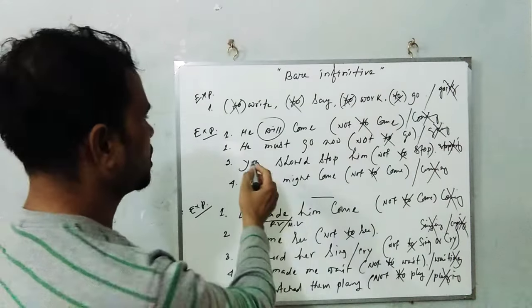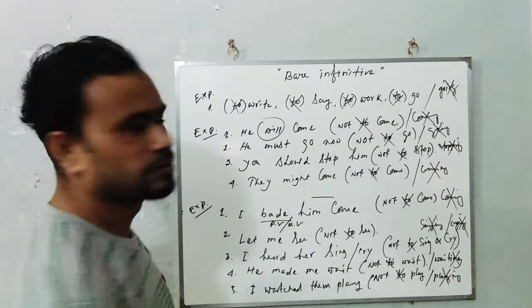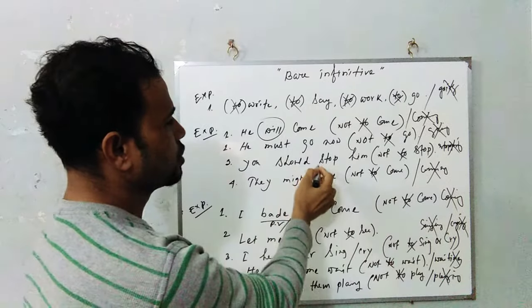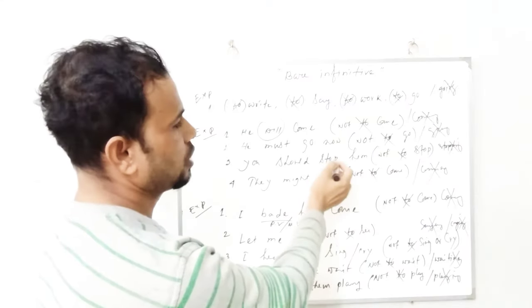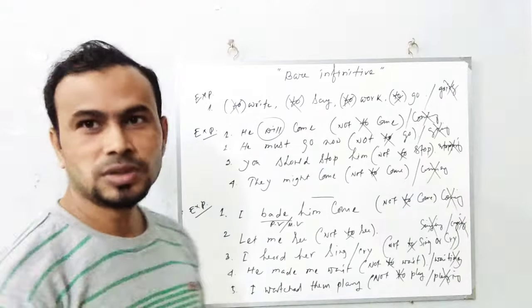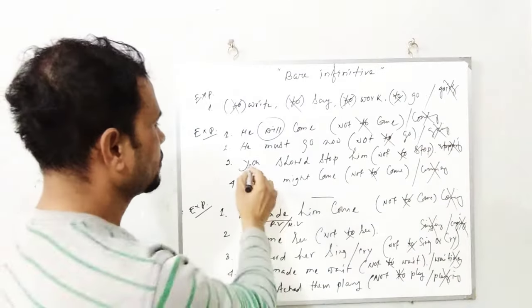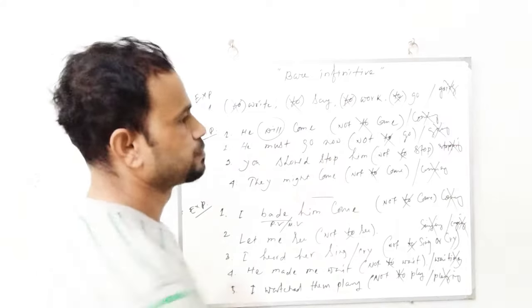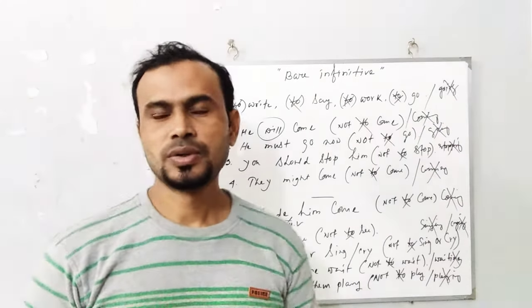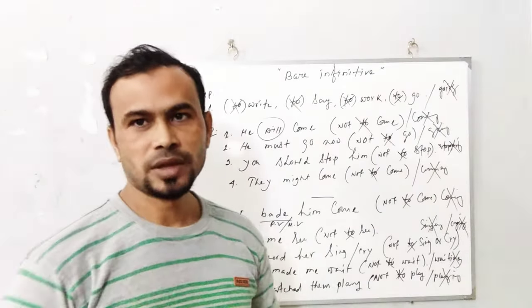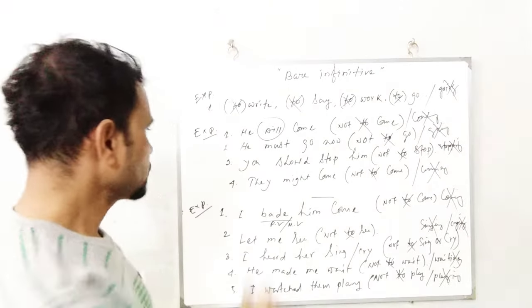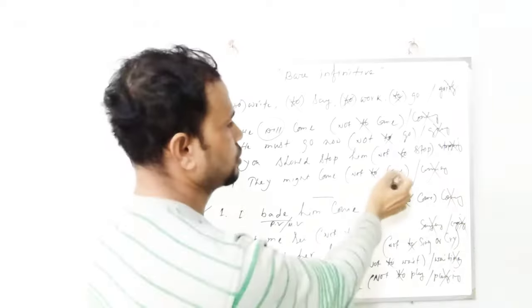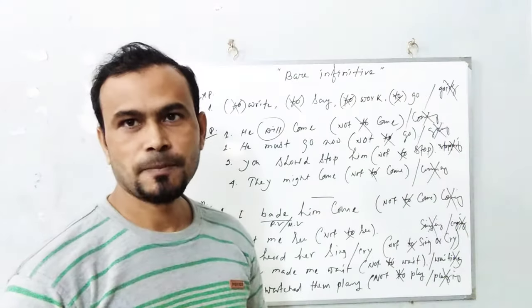Next sentence: you should stop him. You cannot say "you should to stop him" or "you should stopping him". You should not use it this way. Next sentence: they might come, not "to come" or "coming".